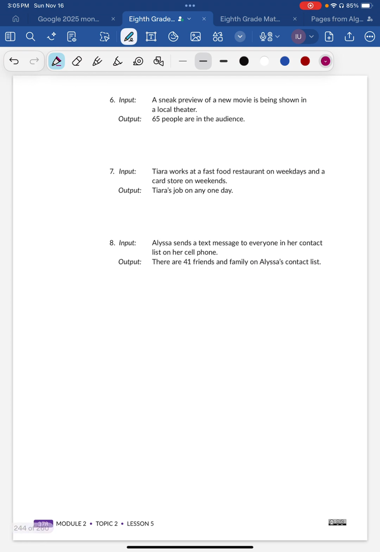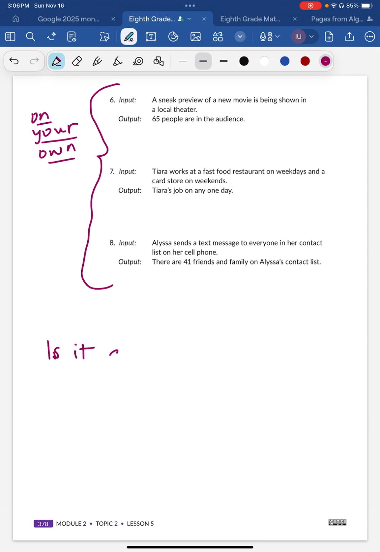So let's look at a couple more. I would like for you to do these by yourself. So pause the video and do these on your own. It's just the same thing where you're saying, is it a function or not?